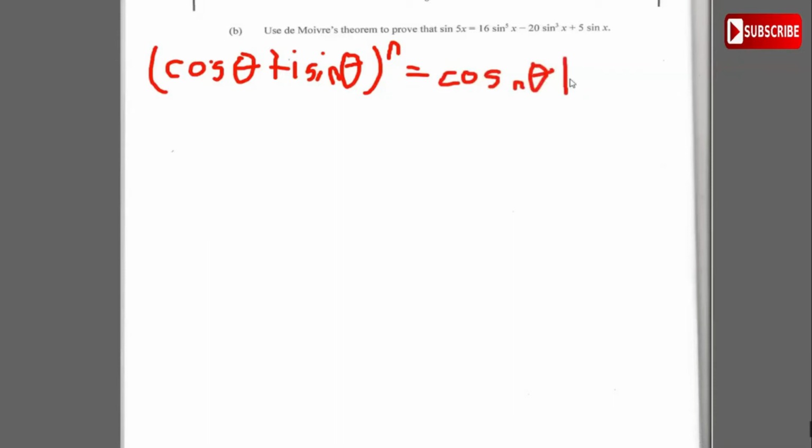This is the theorem we're going to use to solve this question.